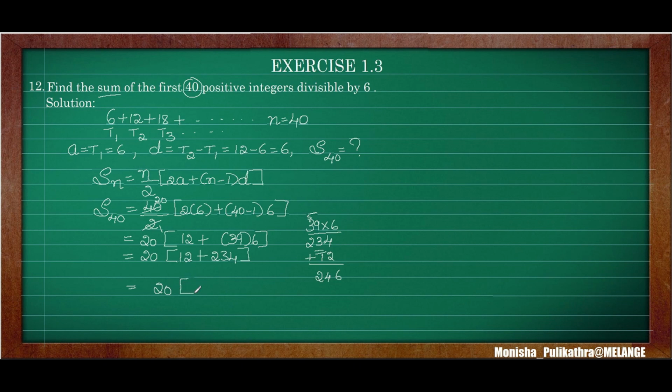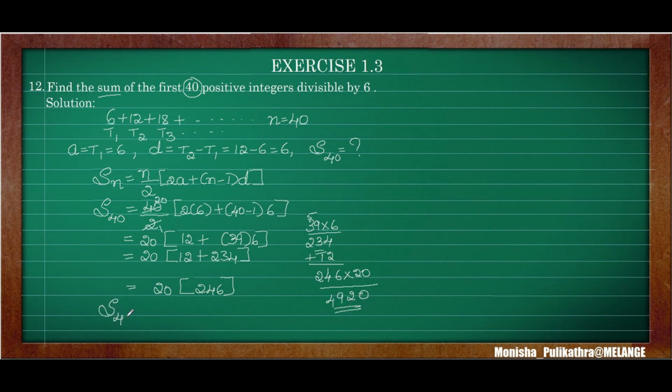So 20 into 246. Now we need to multiply 246 into 20. Write 0 as it is. 2 sixes are 12, 1 carry, 2 fours are 8 plus 1 is 9, 2 twos are 4. So the answer is 4920.